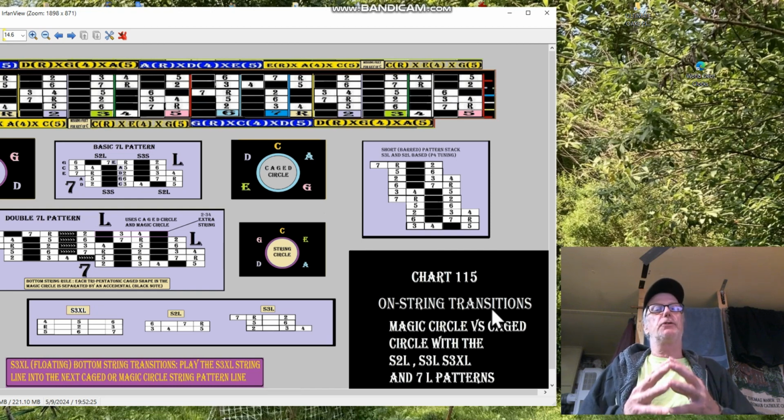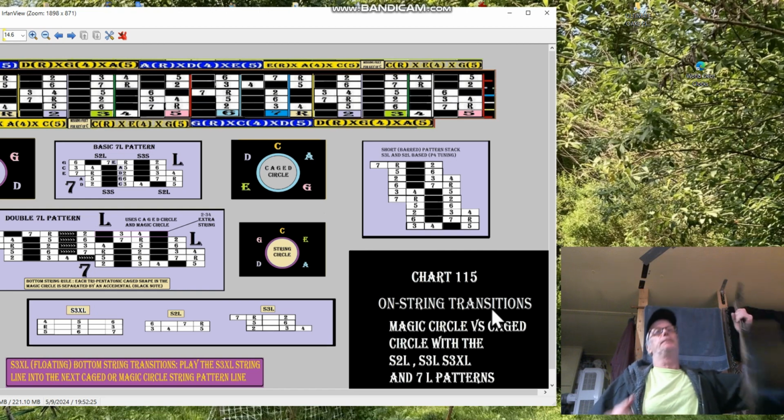It's just a special case when you deal with the open string patterns, open string zone.